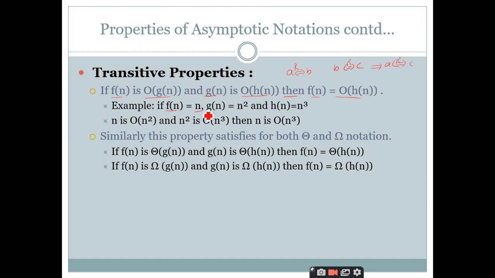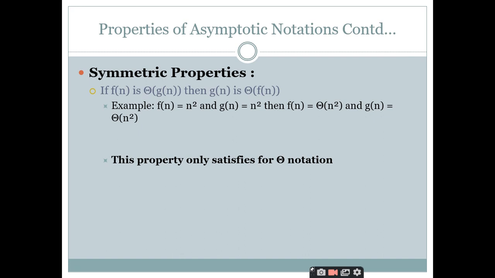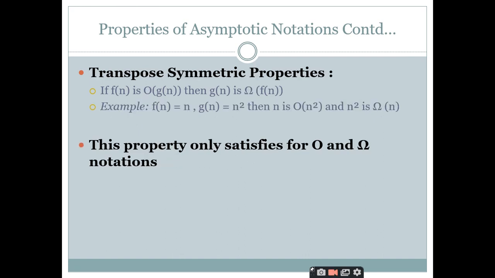If f of n is equal to n, g of n is equal to n square and h of n is equal to n cube, that is, n is big O of n square and n square is big O of n cube, then n is equal to big O of n cube. This property is called the transitive property, and it is applicable to big O, big theta and big omega also. Is it clear? Yes, sir.